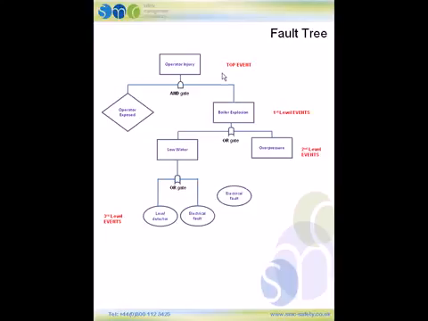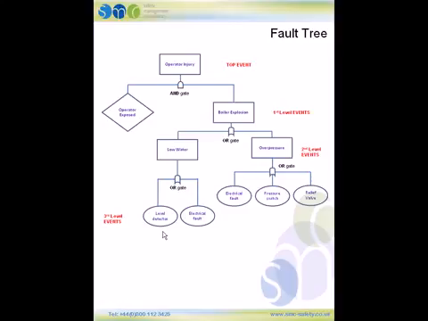It could be due to the electrical fault, the pressure switch, or the relief valve, and again because it could be any of these, that is also an OR gate. So that is what your fault tree should look like. I think the main thing to remember here is to make sure that you have the operator exposed in the first level event.